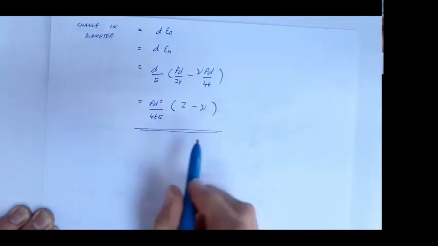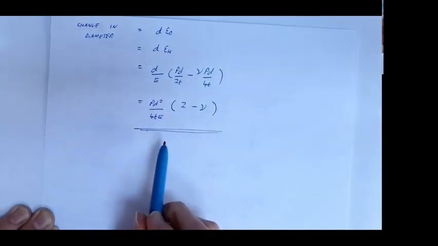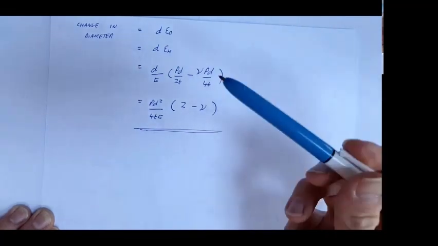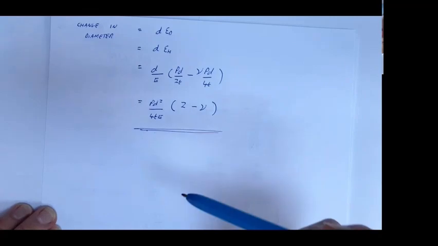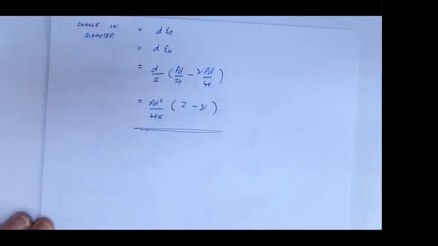Now that we've got that, we can calculate the change in volume. We've got change in length, we calculated that already. We've now got change in diameter, so therefore we can calculate change in volume.